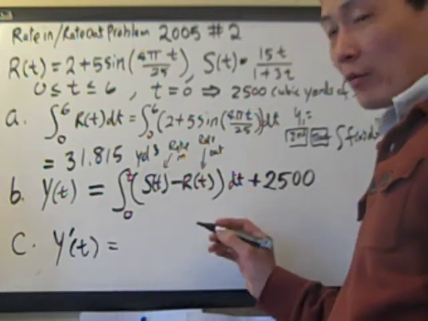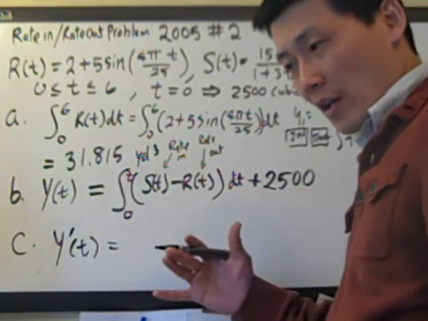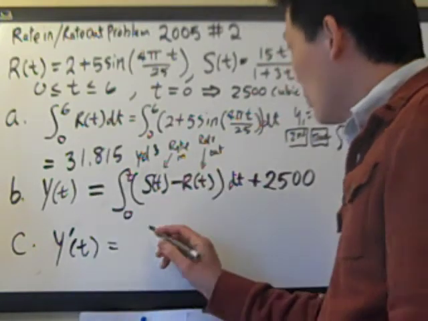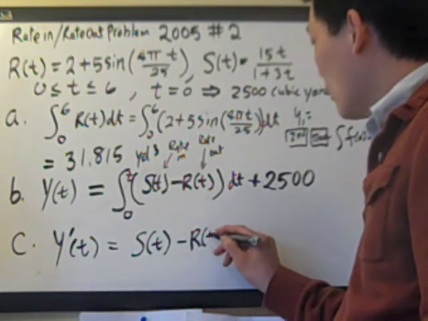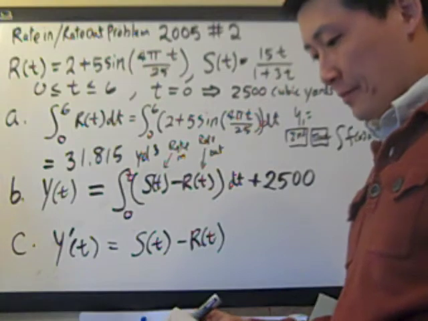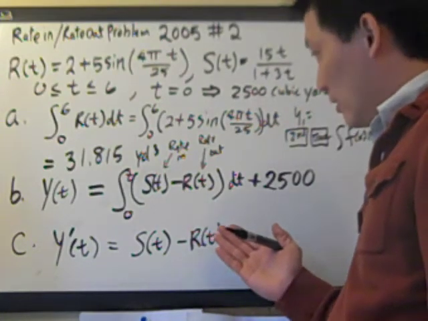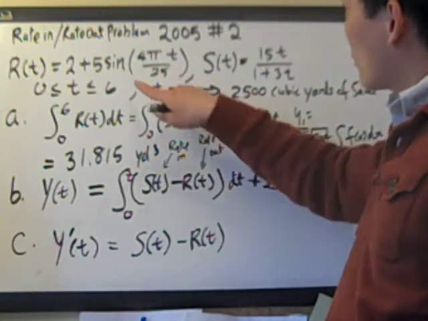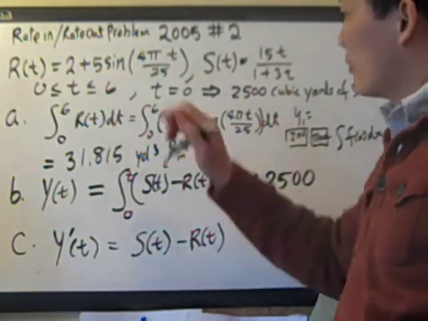And we just established earlier that the rate of change of the actual amount of sand on the beach is the rate in minus the rate out. And that's not simple. That's the equation. S of t is given by this, and R of t is given by that.